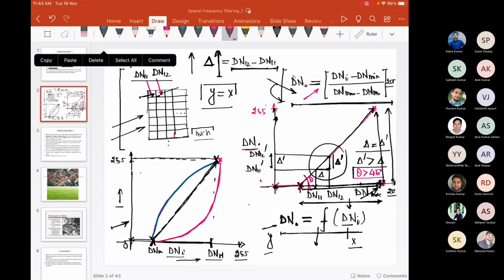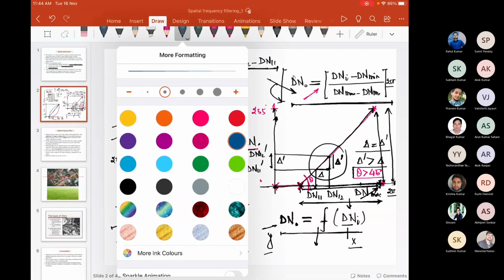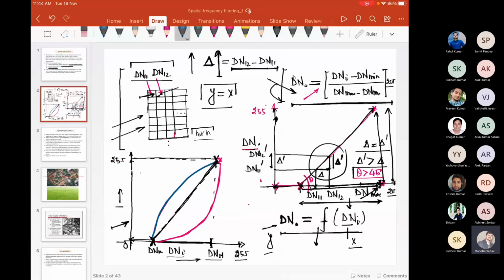Just see, this is the DN max. Corresponding to DN max, we have 255. But in between DN min and DN max, the digital numbers which are present in the input image, how are they modified? Are they modified linearly, or are we going to modify them non-linearly?